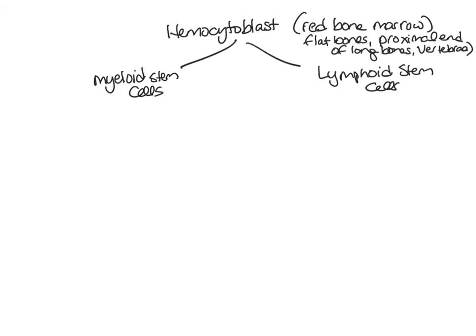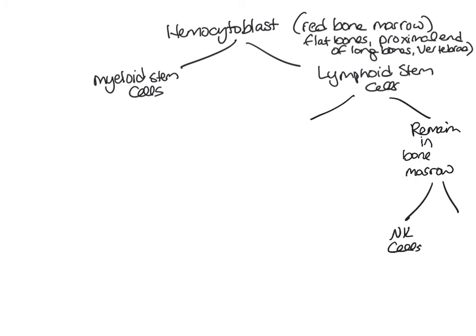So the lymphoid stem cells, they are going to go on to produce two different types of cells. One half will remain in the bone marrow. And when they remain in the bone marrow, they will either become the natural killer cells or the B cells.